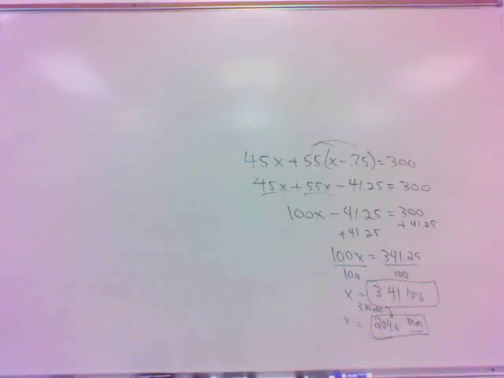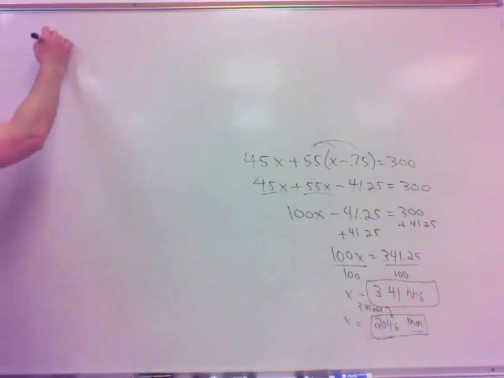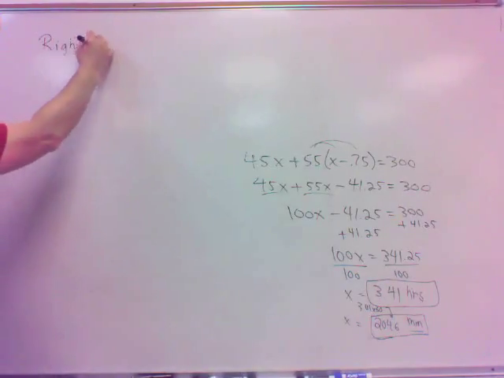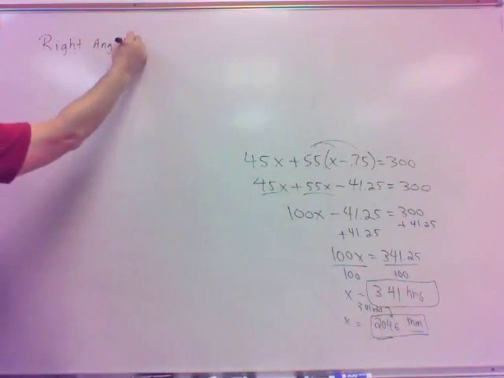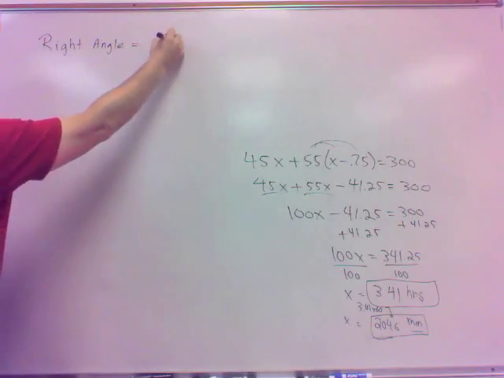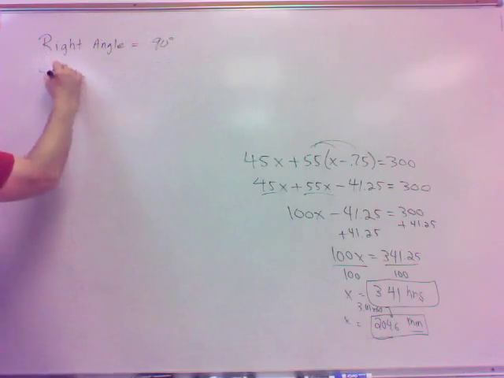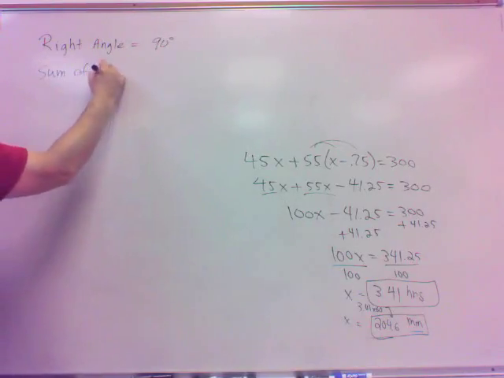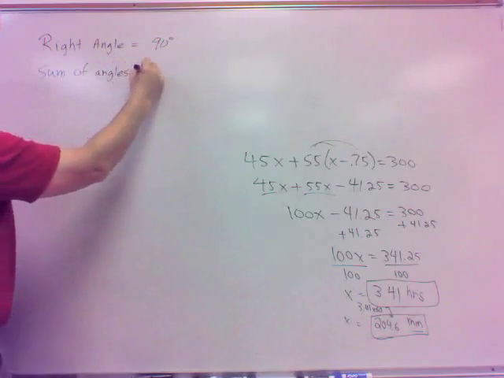Okay. Yeah, the angle ones, we looked at a couple of different types. Sometimes the angles equal 90. Sometimes they could equal 180. Different things. Yeah, we know if we've got a right angle, what does that equal? 90. If we've got the sum of the angles of a triangle, that's 180.